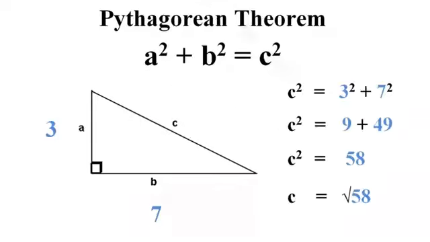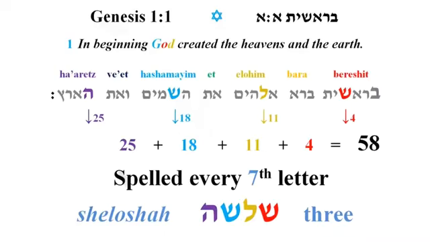So you plug it in, a squared plus b squared equals c squared. 3 squared is 9. 7 squared is 49. So you add them together, you're going to get c squared equals 58. So what times itself equals 58? It's not one that I can do in my head. Your calculator can, it's a square root, but it'll suffice to say the answer is the square root of 58. Okay, well, I don't know what to do with that, but God does.